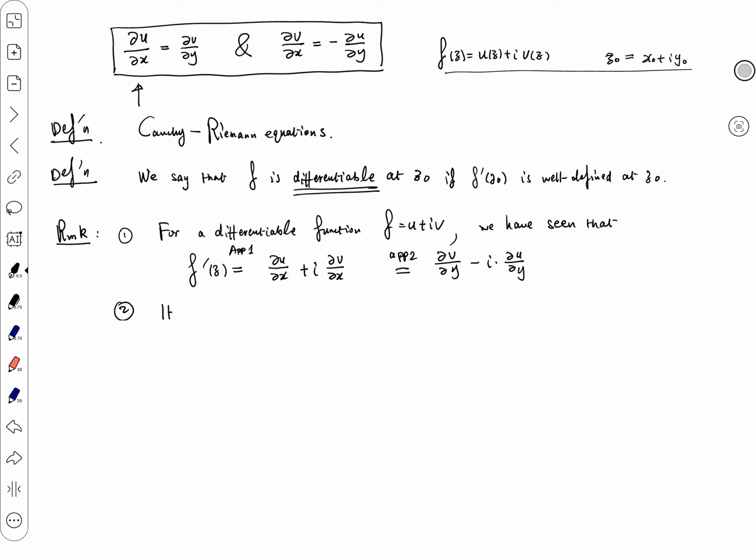But what is amazing, what is magic, is that it can be shown that the Cauchy-Riemann equation is also sufficient.